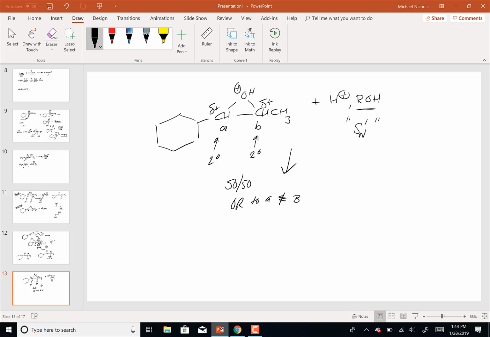Not when SN1 or when the greater delta positive charge is predicting the reaction. So I would get a 50-50 mixture of these two products.